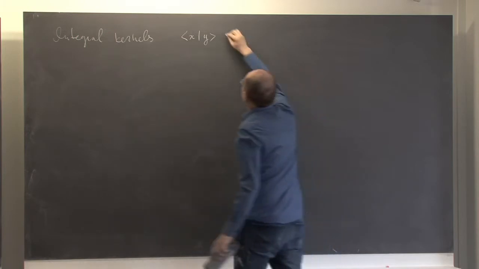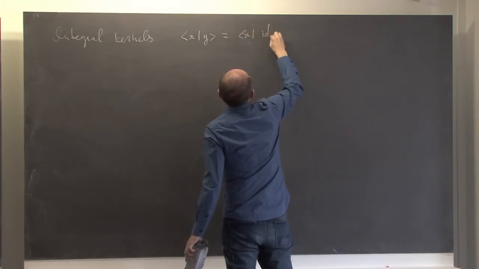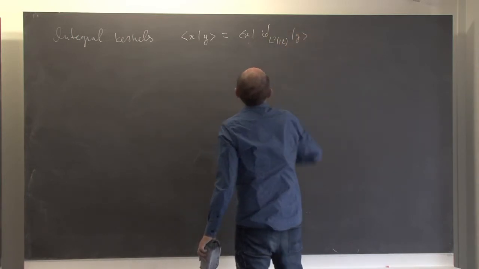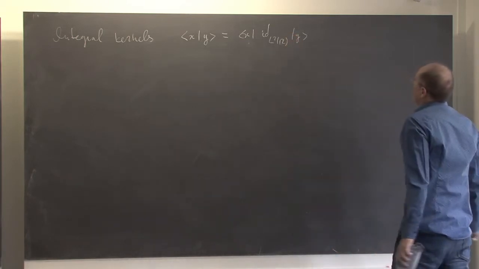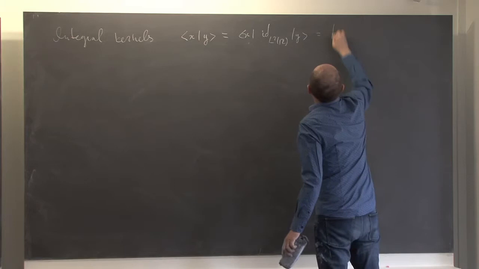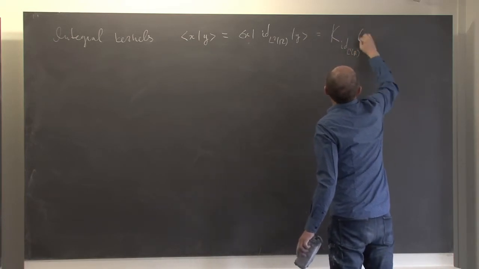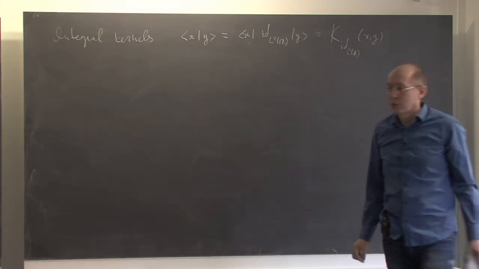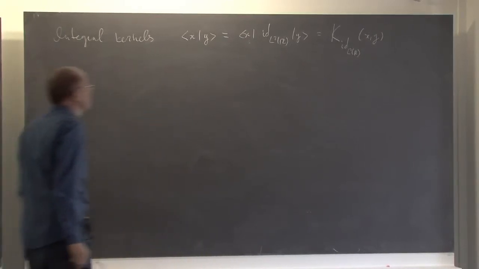Of course, this is the integral kernel of the identity operator on L2 of R. And we know well what is the integral kernel of the identity operator.